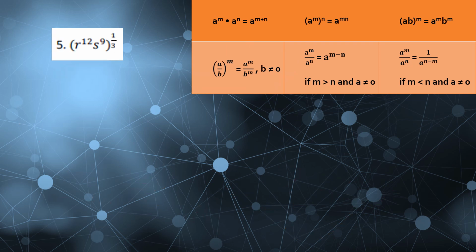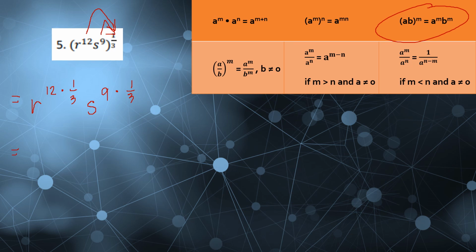Let's have another example. r raised to the 12th power, s raised to the 9th power, quantity raised to 1/3. In this case, we will apply this law of exponent. So we have r raised to 12 multiplied by the exponent outside, 1/3, and then s raised to 9, we also multiply 9 by 1/3.